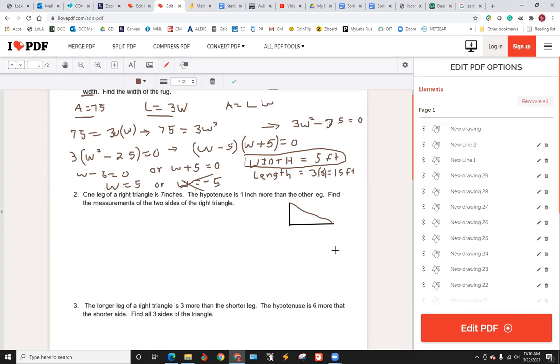All right. Try that again. So what we use to do this is called the Pythagorean theorem.